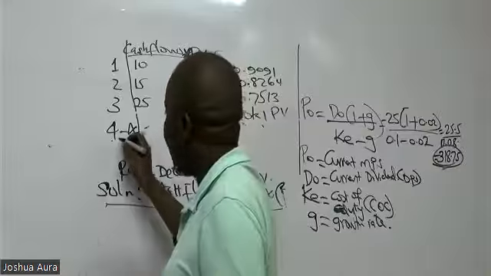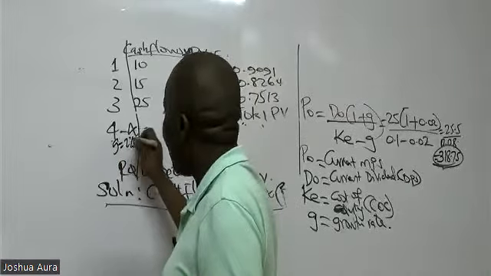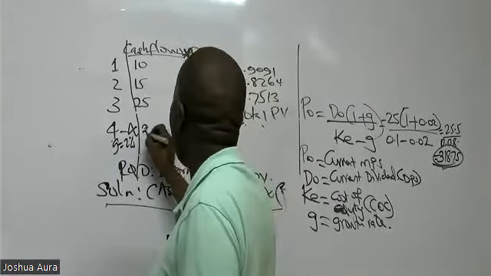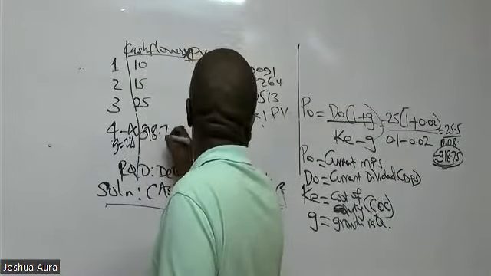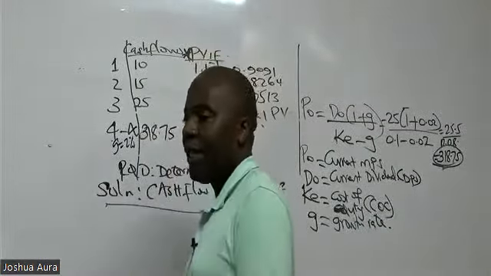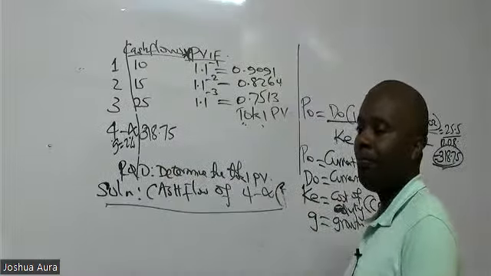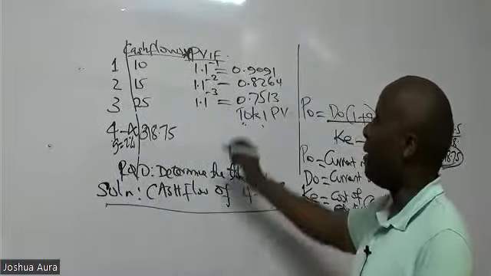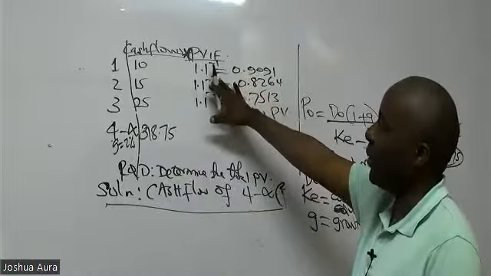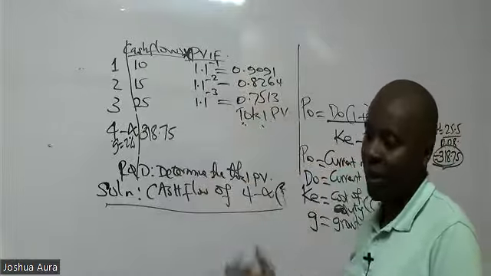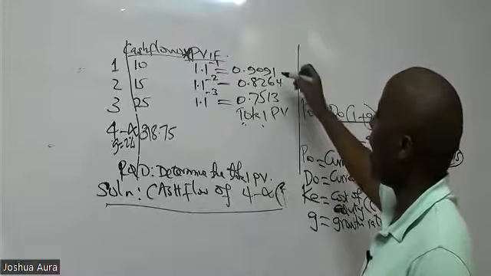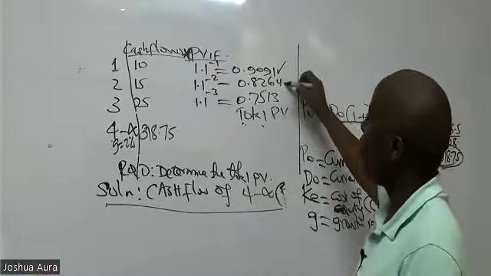So year number 4, remember the growth rate is 2%, but the cash flow is this 318.75. And then remember the PV will remain the same because the cost of capital is still 10%. So year number 1, correct. Year number 2, correct.